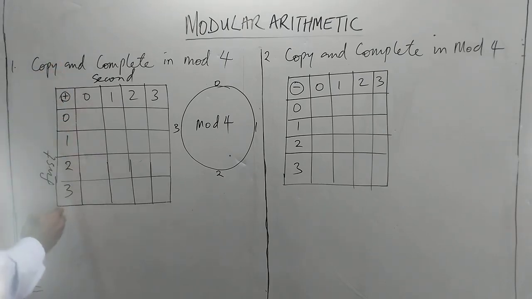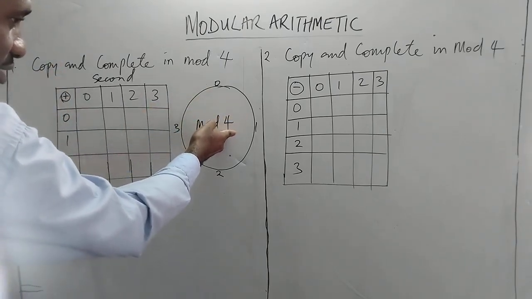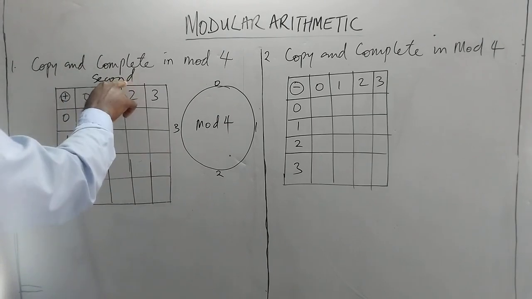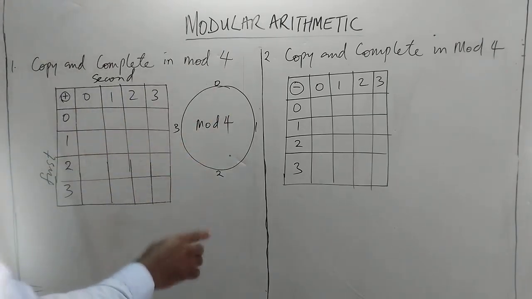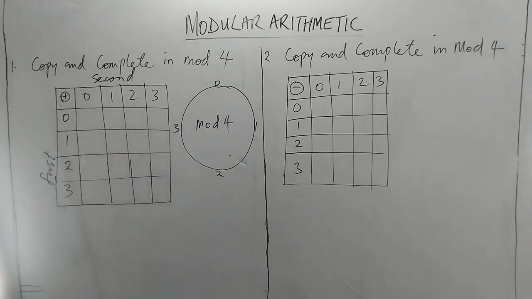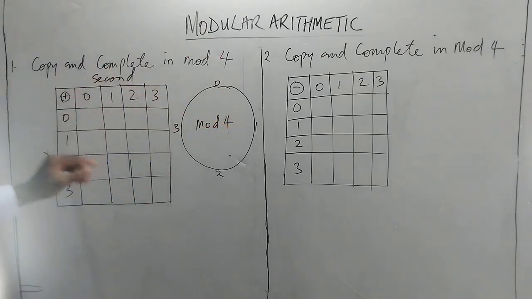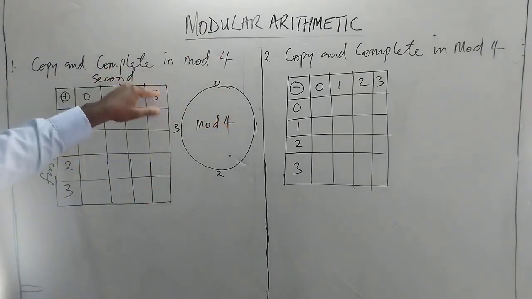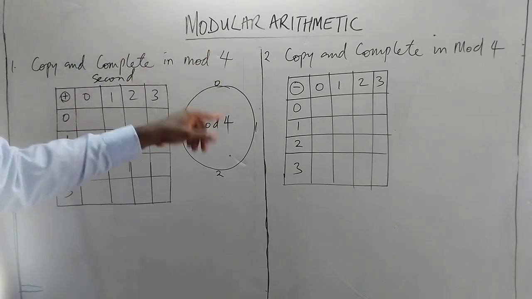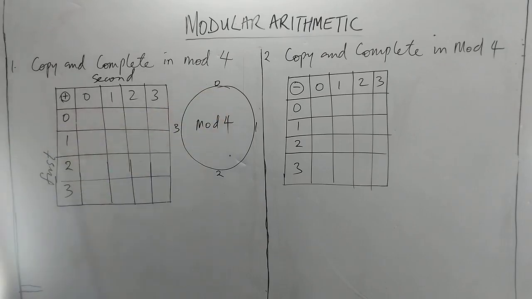The first is where you will start on the clock, while the second will determine how many movements you will make on the clock. That is how to use the clock. The digits in the first position are the starting point, while the digits in the second position determine how many movements you make on the clock.